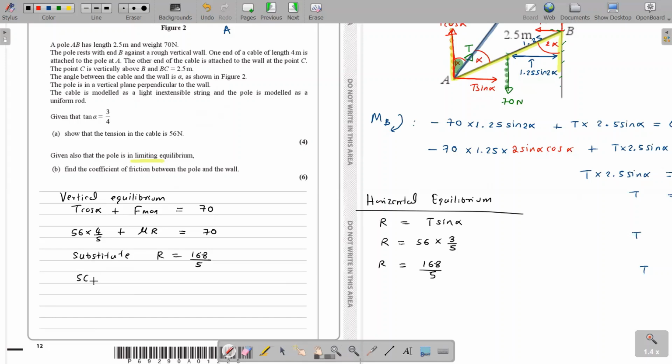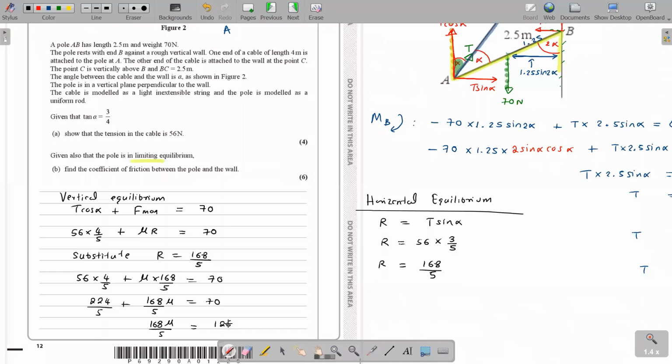So 56 into 4/5 plus mu into 168/5 equals 70. How much is 56 into 4/5? That gives me 224/5 plus 168 mu/5 equals 70. So 168 mu/5 equals 70 minus 224/5, which gives me 126/5.